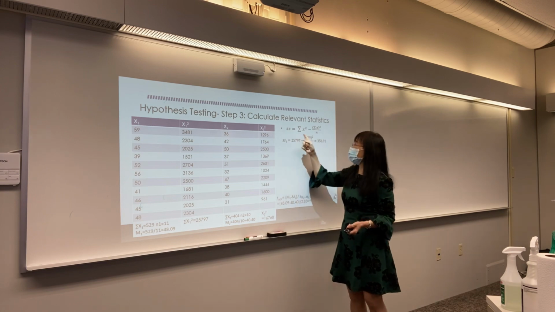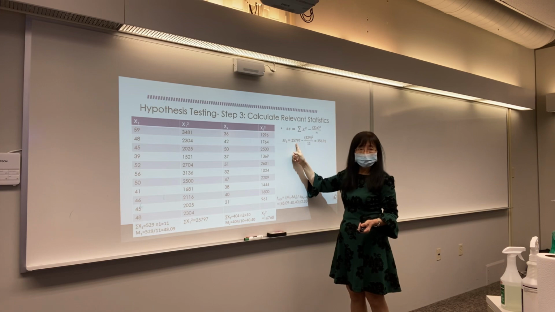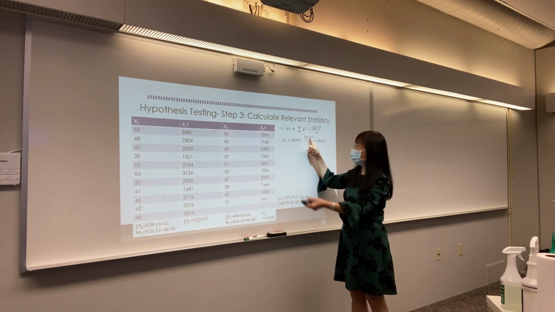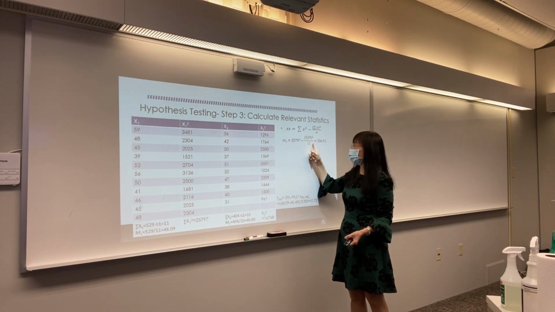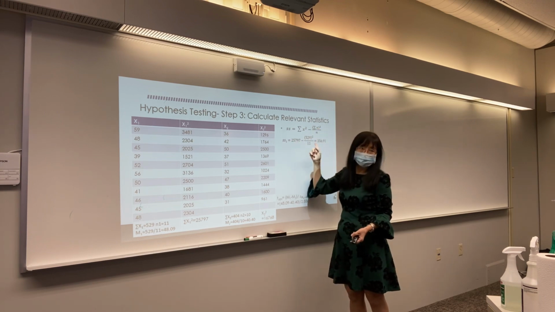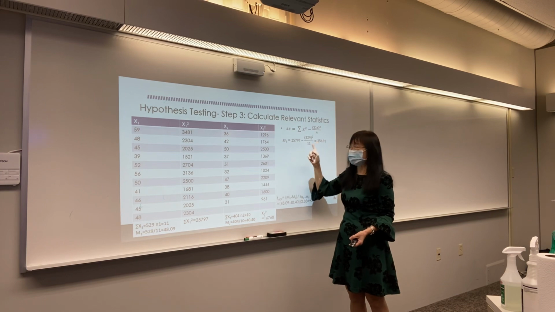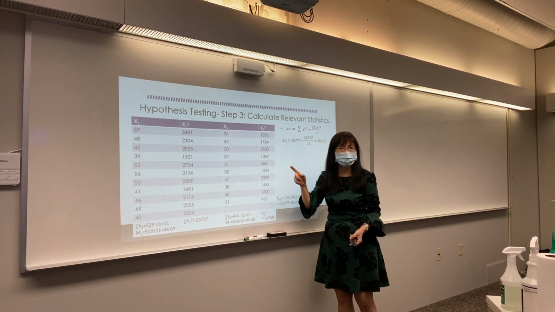Because you have a square already here, then this will be your smaller number squared. I found my former students put the sum of square here, and then they squared it again. Then the number becomes so huge. So if your number becomes so strange, then maybe you should recheck your answer.